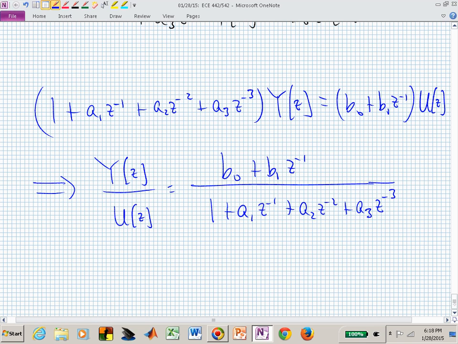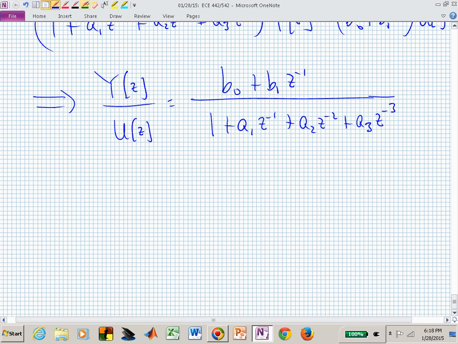Now, you may get a little bit nervous or anxious seeing that written in terms of z to the minus 1s. But you could factor out a z to the minus 3 from the denominator and the same z to the minus 3 in the numerator, and now you have things written in terms of positive exponents in z.